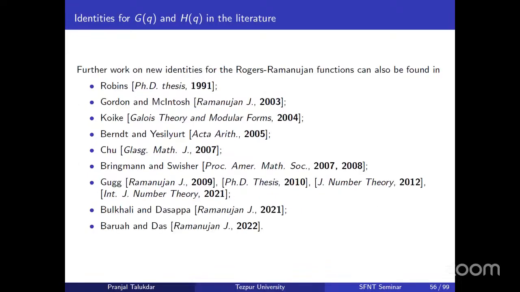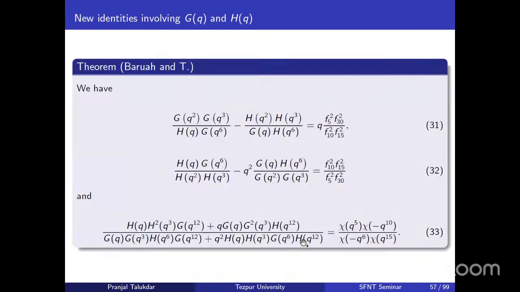After Ramanujan, there have been many new identities for Gq and Hq. We have also found some new identities involving Gq, Hq, and Gq to the power n, Hq to the power n for different values of n.